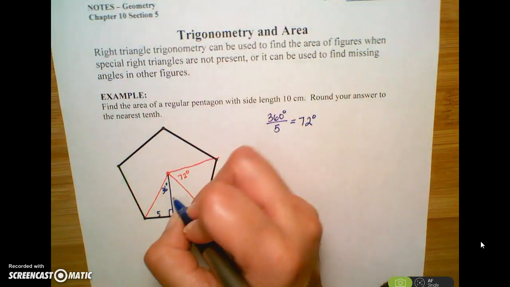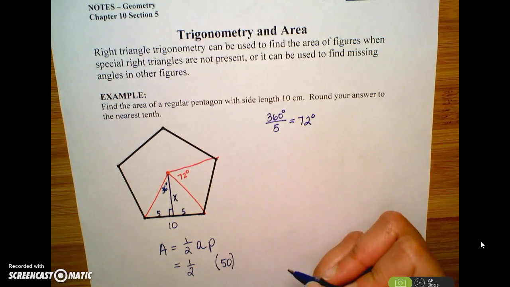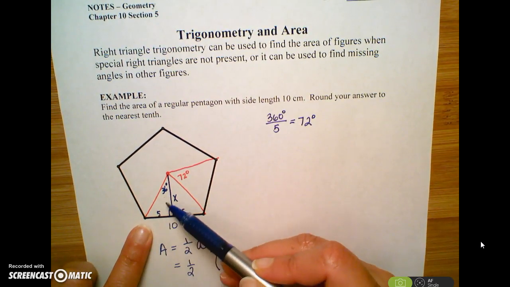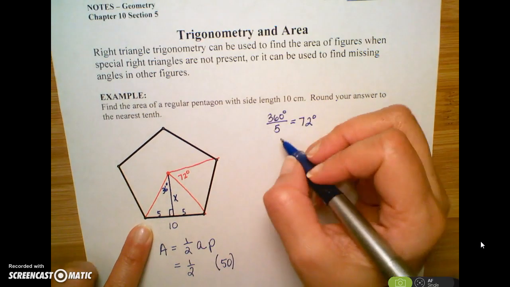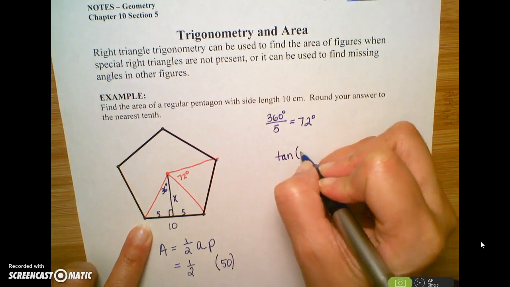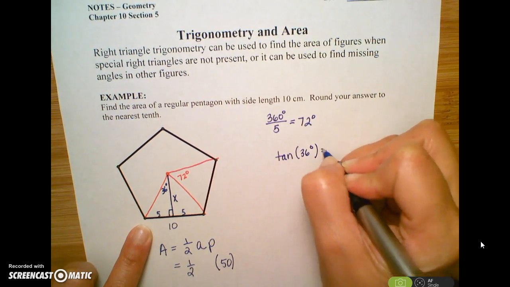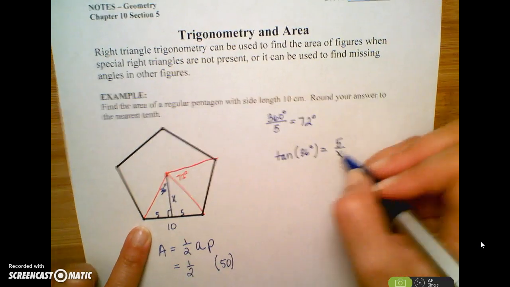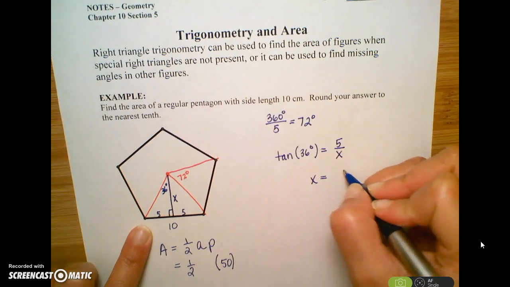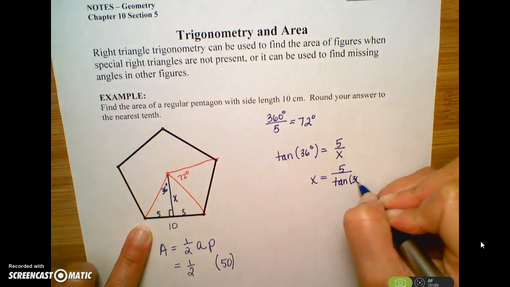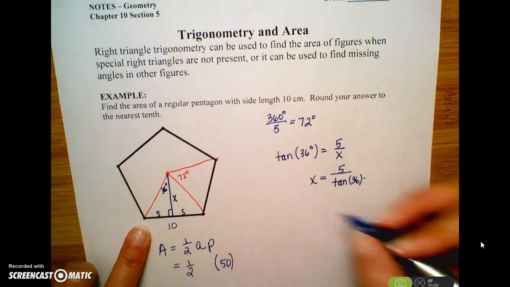So in order to find that apothem, I'm going to call it x. And using this little right triangle, I'm going to say that the tangent of 36 degrees is equal to 5 over x. Using algebra, I end up with 5 over tan 36 is equal to x.